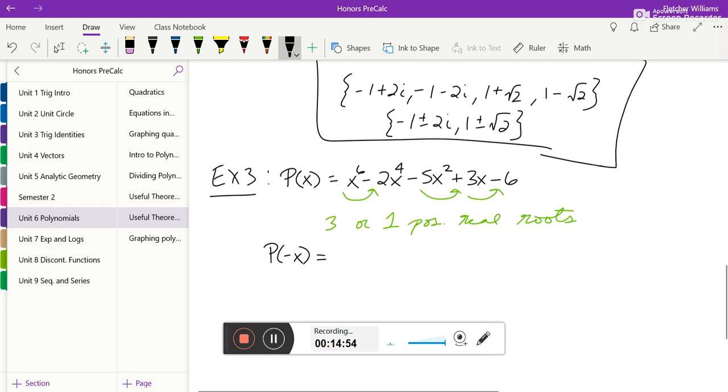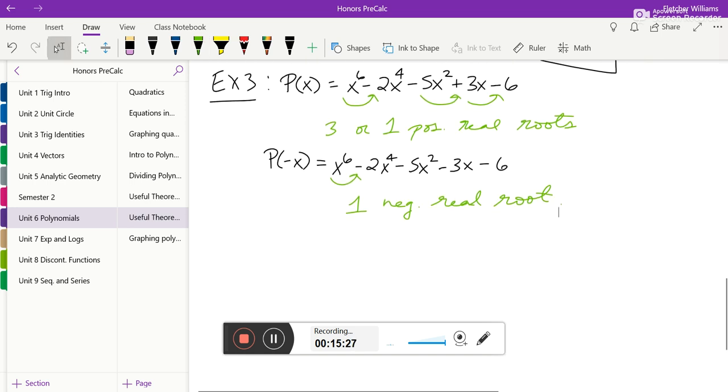So p of negative x would be negative x to the 6th, or just x to the 6th, minus 2 times negative x to the fourth, which would just still be x to the fourth, minus 5x squared, plus 3 times negative x, which would be minus 3x, minus 6. So we see, okay, one sign change, and then the rest of the signs are negative, so that tells us there's only one negative real root.